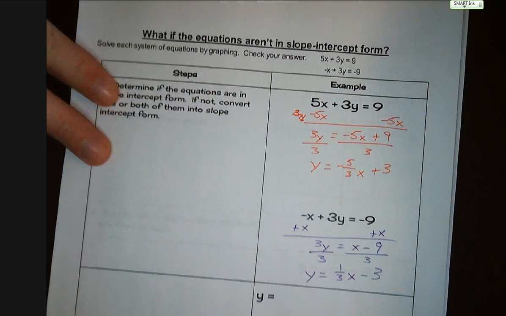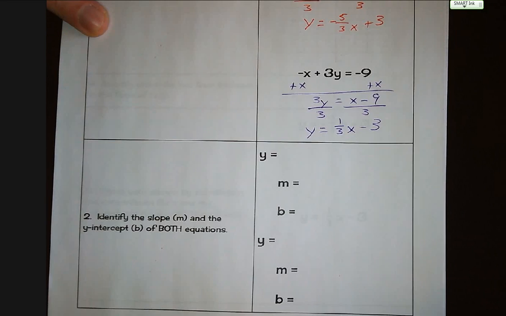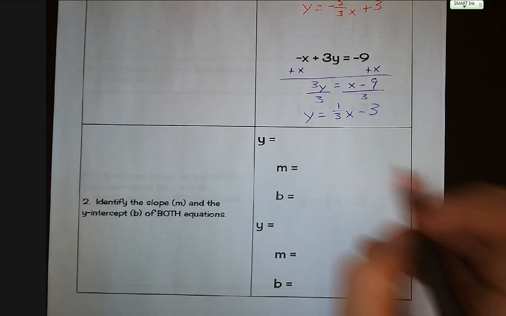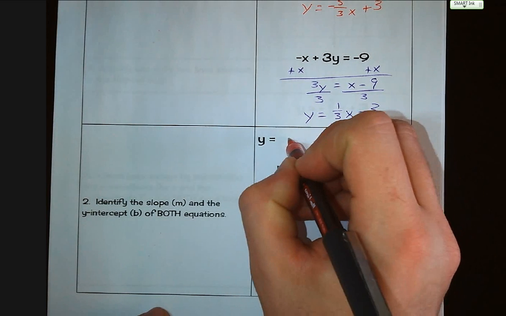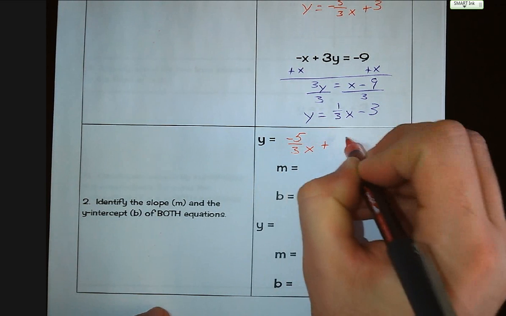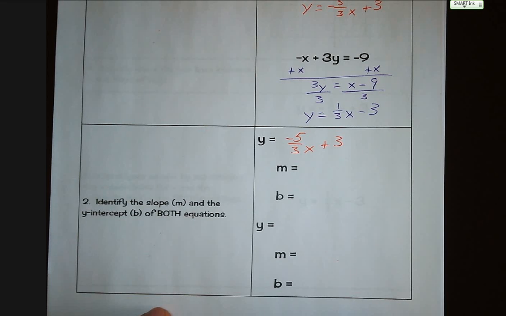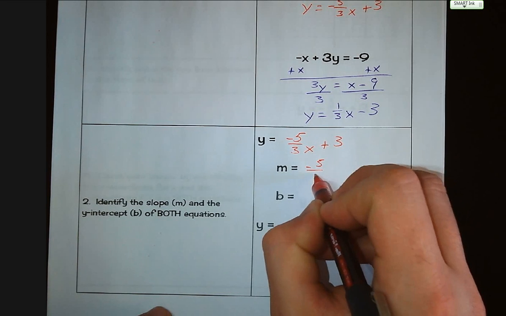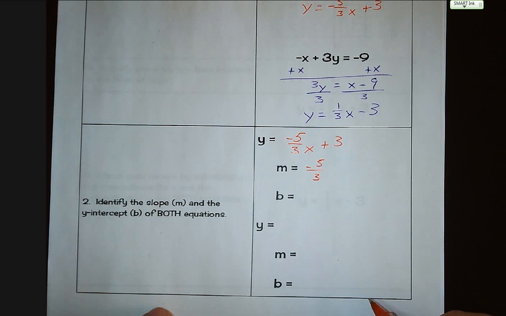Okay, so now we're going to use those two equations where you can rewrite them here. So we have y equals negative 5/3 x plus 3. So the slope of that line is going to be negative 5/3. And this is one of those times where writing it as a fraction is much, much easier for us to work with.